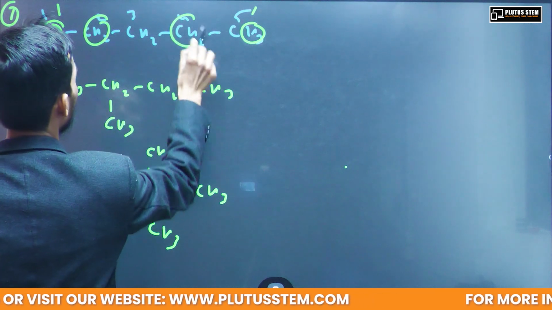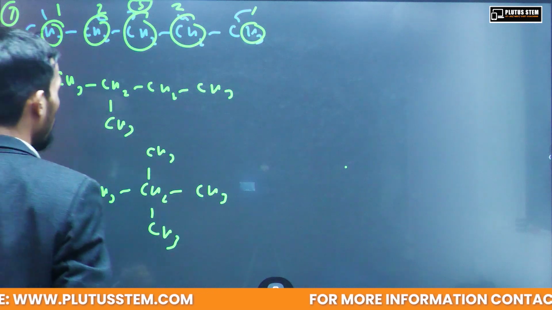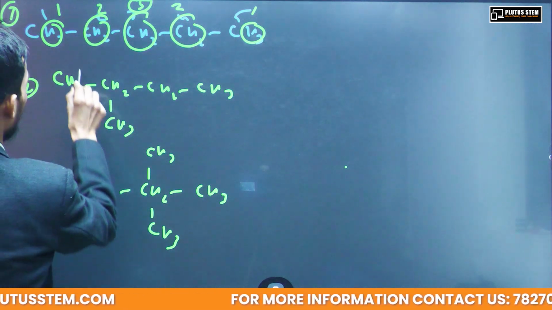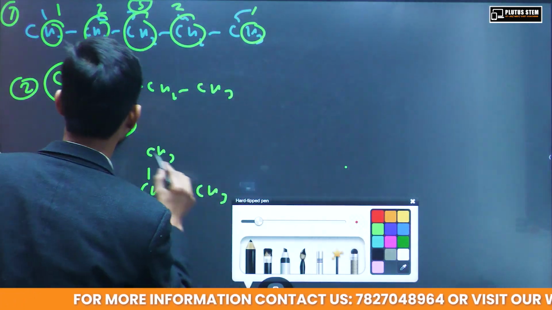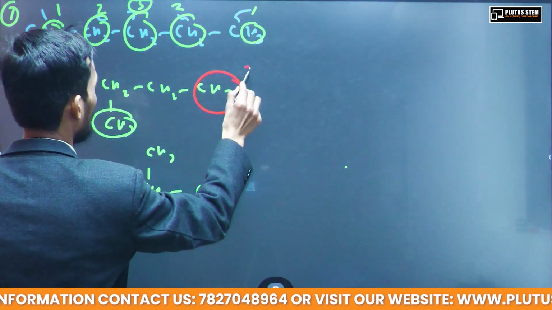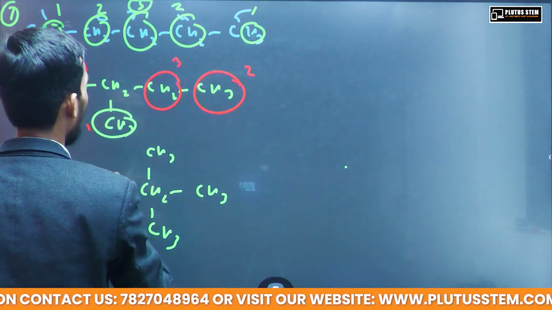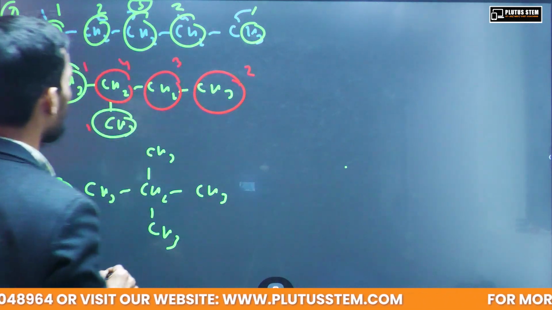This and this are the same, 2 hydrogen. This is different, 3rd hydrogen. In this compound, this one and this one are the same, 1 isomer only. This is different, 2nd isomer, 3rd isomer. Yes or no? This will give 4 isomers.